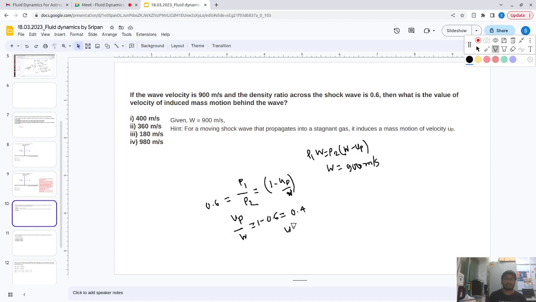So UP is 0.4 times 900 meters per second. 4 by 10 is 2 by 5, so this should be 360 meters per second.